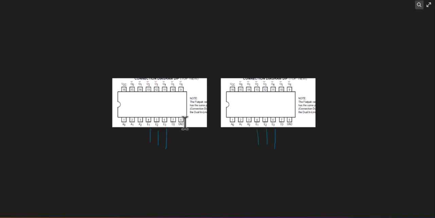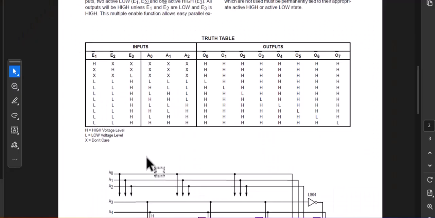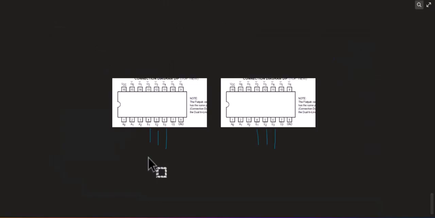So what you do is you put X3 as the input to E1 on the first chip.